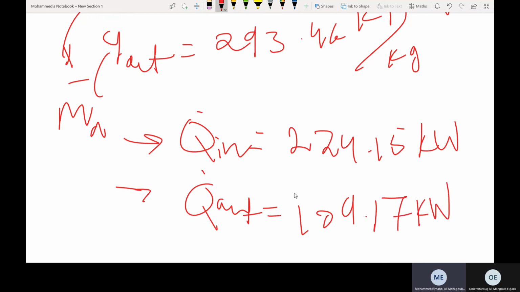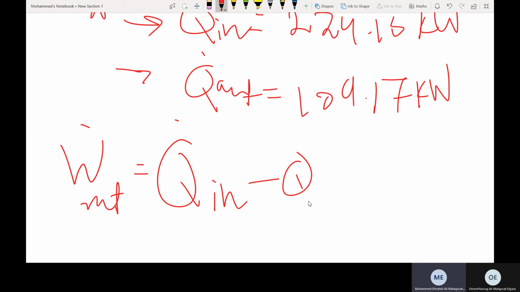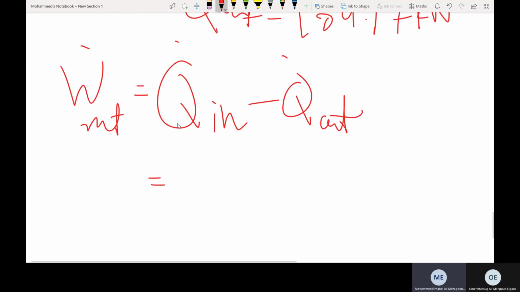Yeah, so that's the problem. Just want to make a fast check if you want to. Remember that the work net is not only the turbine work minus the compressor work. You can do Q in minus Q out. This is something that you took in chapter 6 in thermodynamics. Just to make sure that it should be 115 kilowatts, the one that we began with given in the problem.